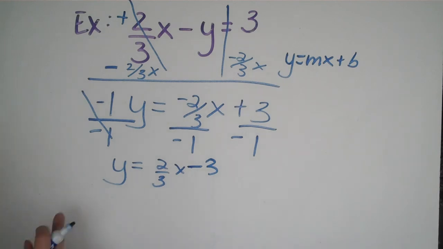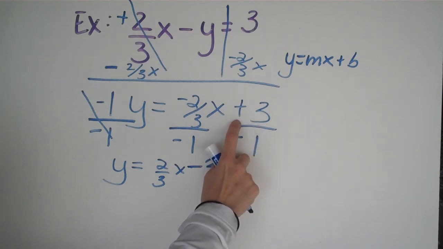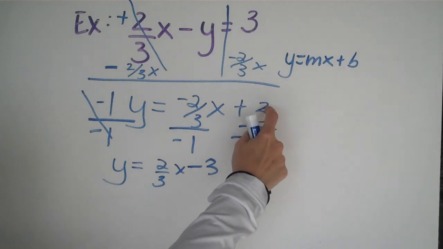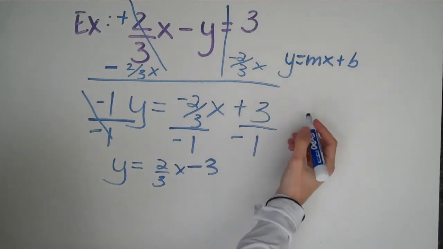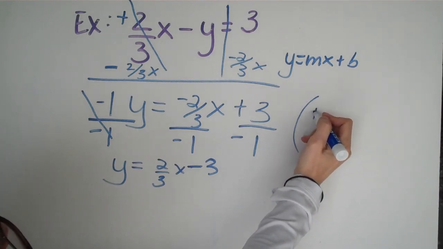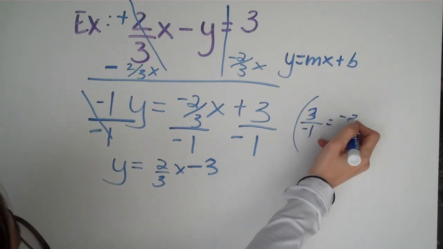So this was probably the trickiest one, so replay it just so you get it. But again, when you have plus a positive 3 here, this is 3 divided by negative 1. So on the side it becomes, let's see, 3 divided by -1 becomes a -3.